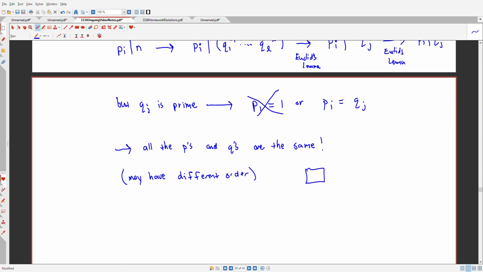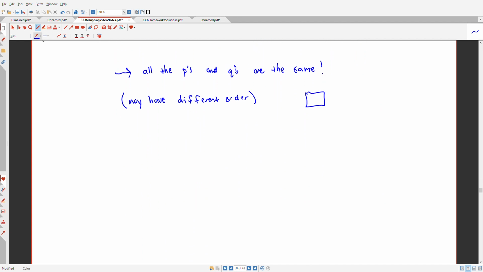So all I'm saying here is something pretty believable, that if, for example, you write your favorite number, I don't know, 24, I write this as 2 cubed times 3. And you write this as 3 times 2 cubed. Well, you still had to use 3 2's just like me.